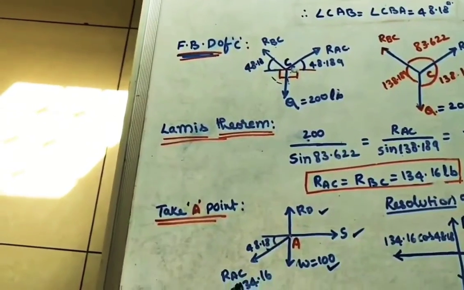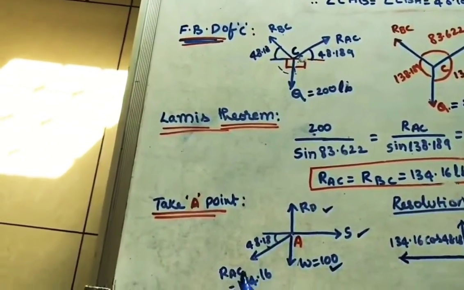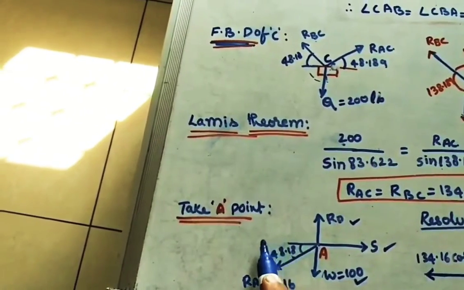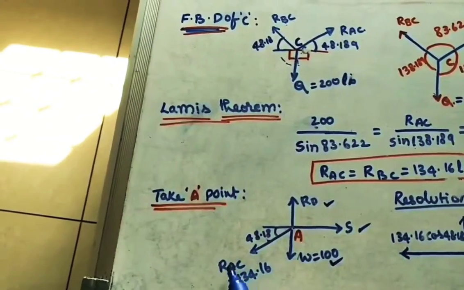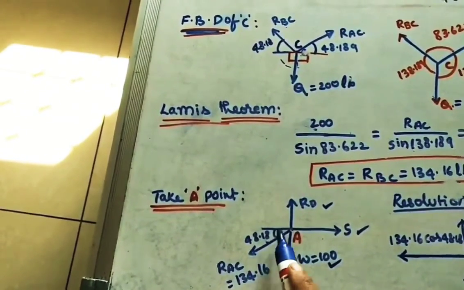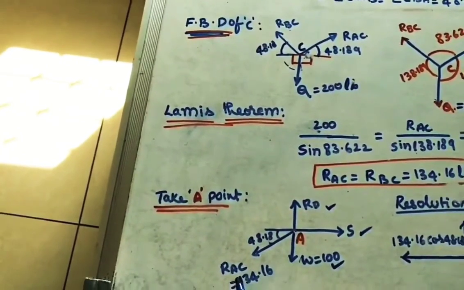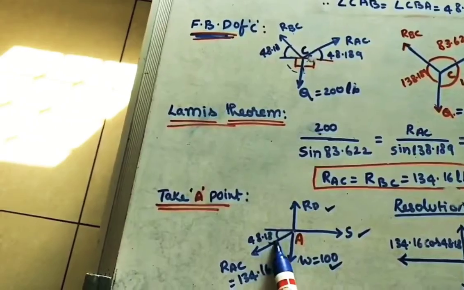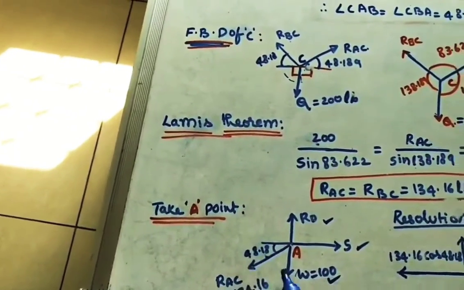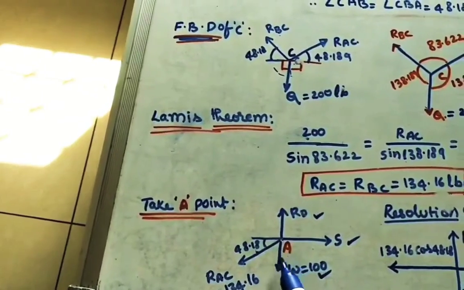And what is the next force? RAC. For the inclined force, there are two components. One is horizontal in this direction, one is vertical in this direction, because this reaction is in the third quadrant. So horizontal is in this direction, vertical is in this direction. Previously I also told you, for the horizontal component apply cos: RAC cos 48.18 in this direction. Vertical is RAC sine of this angle in this direction.